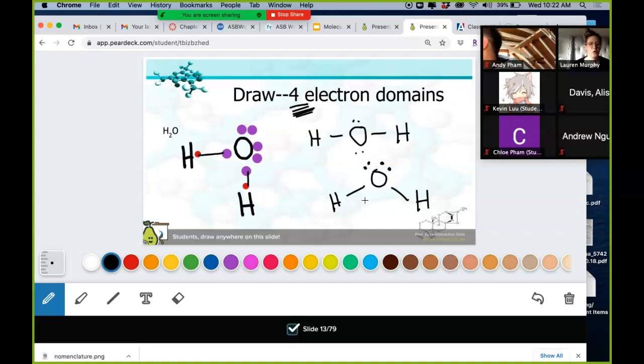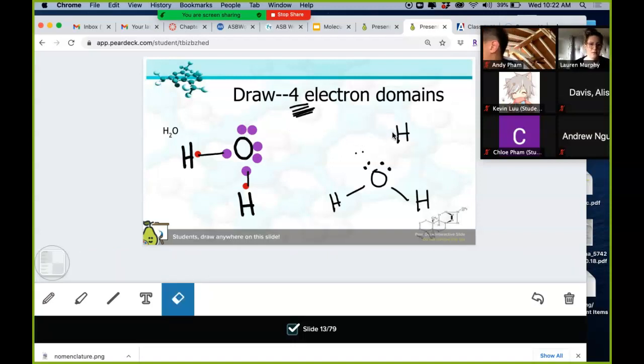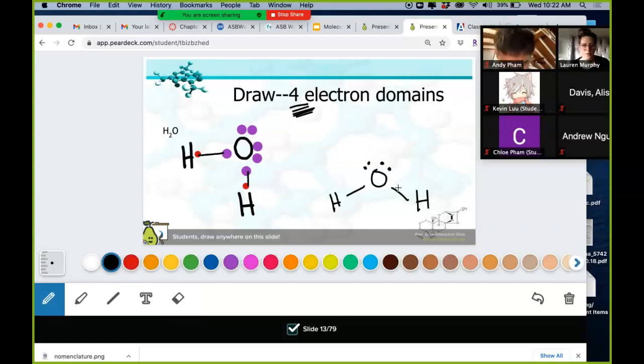And you go, well, I don't understand why you would throw these lone pairs next to these lone pairs. Aren't electrons repelling each other? And the answer is yes, but you have to remember that we're drawing on a flat surface. So really, what's happening is these lone pairs are going off different parts of the atom.